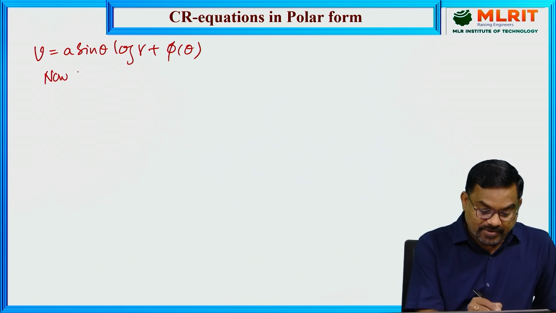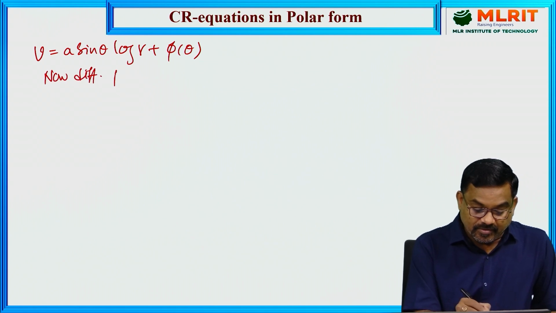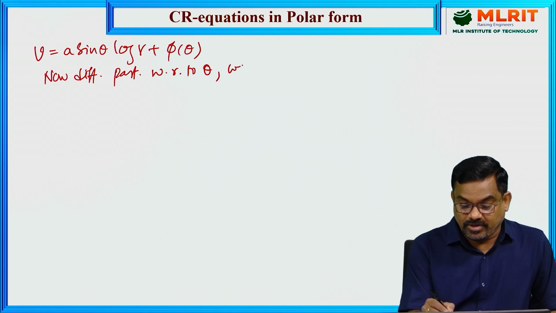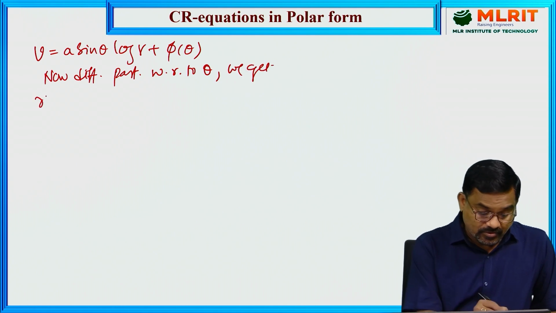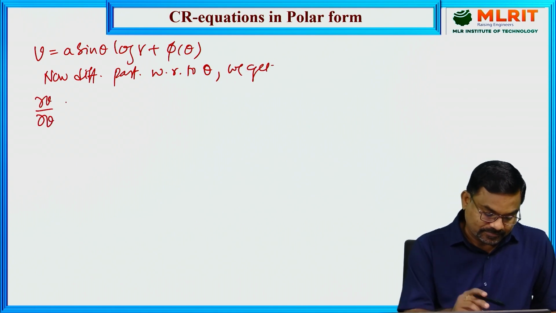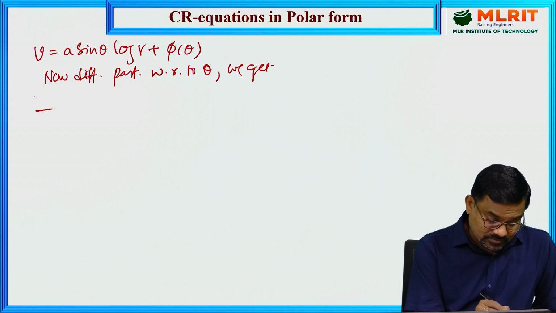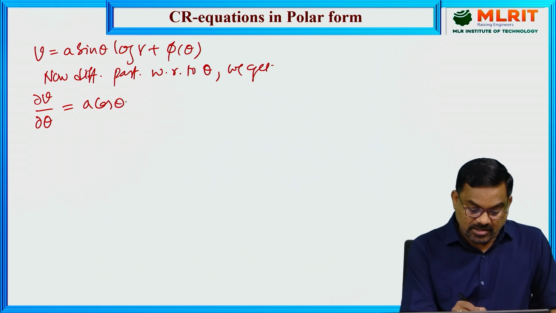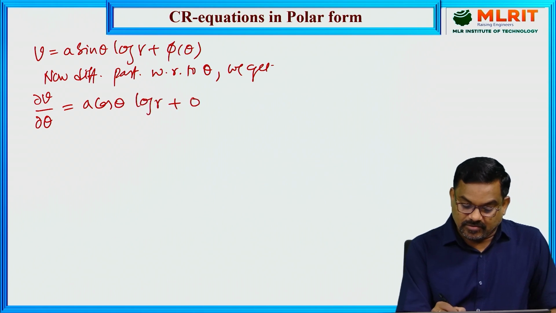Now, differentiating partially with respect to θ, we get ∂v/∂θ = a cos θ log r + φ'(θ).